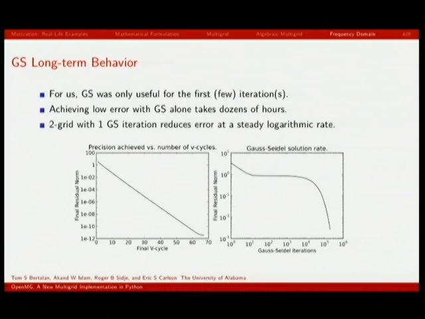So here again, this is not the same metric on the bottom axis, but on the left axis is the norm of the error. I think 10 to the minus 12 is the best error that's capable with the floating point resolution we had. You can see the Gauss-Seidel solver does a really good job initially of smoothing out high frequency error, and then it hits a wall where it can't do much better for hours and hours.